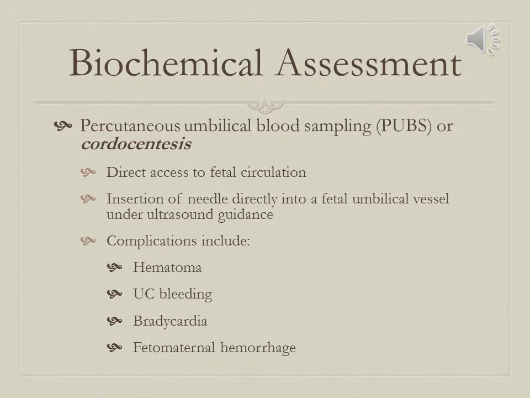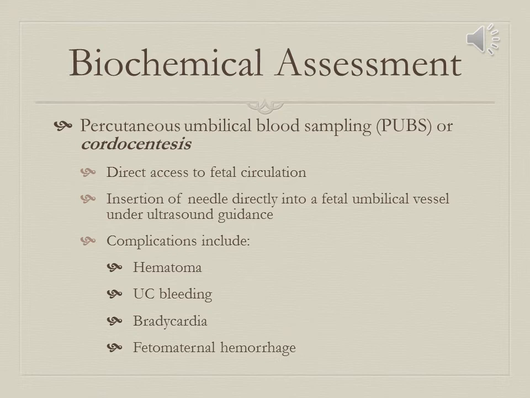A chordocentesis, or percutaneous umbilical blood sampling, is used to treat the fetal hemolytic disease that I was talking to you about earlier, and you do this with a fetal blood transfusion. The chordocentesis will also be used in the prenatal diagnosis of inherited blood disorders. It can be used for karyotyping and detection of fetal infection.